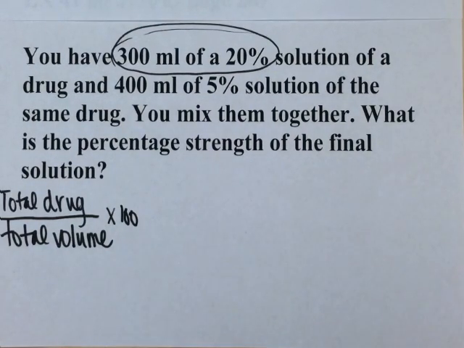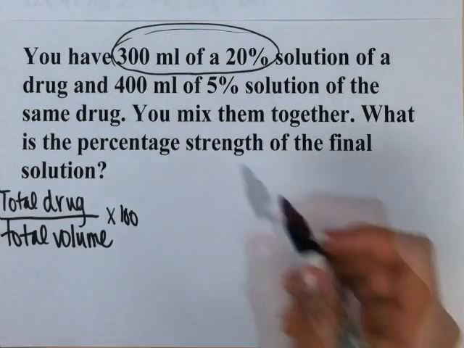So because we have two different ingredients, or I should say two different volumes of different percentages as well, we have to first find the total drug in each one. So let's look at this.